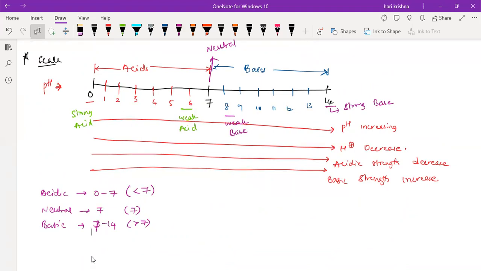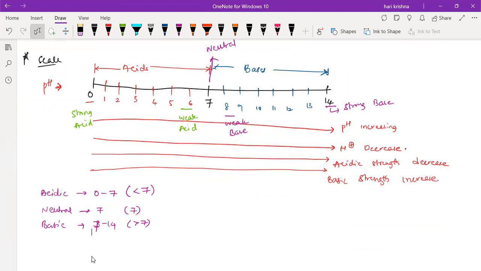Whichever acids we cannot taste, we measure with the pH scale. 0 to 14. So 0 to 7 is the acids, 7 to 14 is the base. Exactly 7 is neutral. So 0 is the strong acid and 6 is the weak acid. But when you come to base, 8 is a weak base and 14 is a strong base.